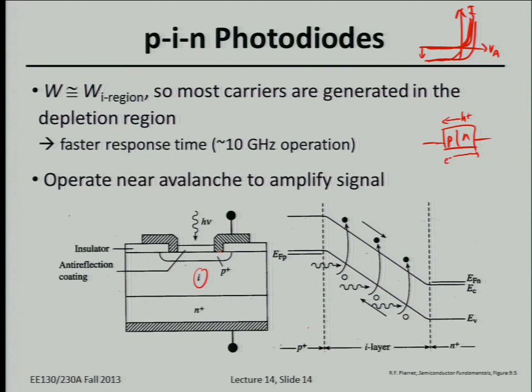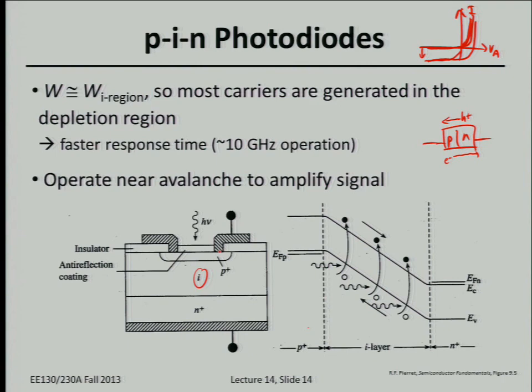So you can actually have a many-micron-thick intrinsic layer, and you can make the intrinsic region contribute more to I_L, the light generated current, than the diffusion current. In the energy band diagram, you have very little voltage dropped in the P and the N regions.